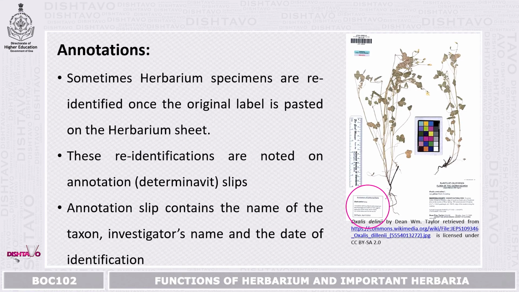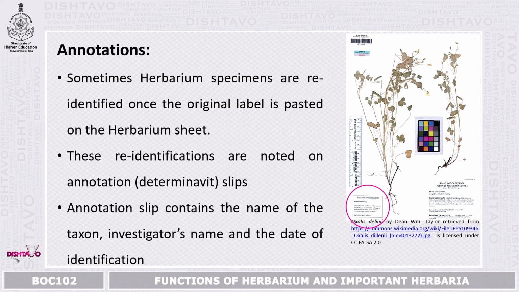Apart from the label, onto the herbarium sheet, you will find a slip. This slip is called an annotation slip or a determinant slip. What happens is sometimes herbarium specimens are re-identified once the original label is pasted onto the herbarium sheet.